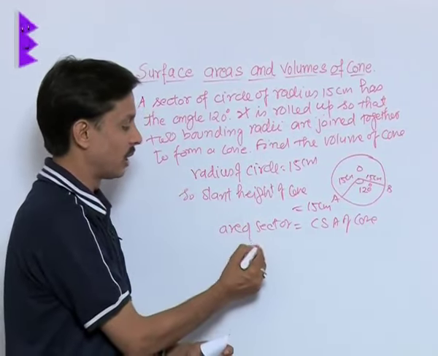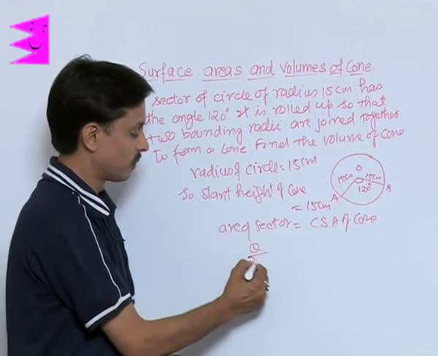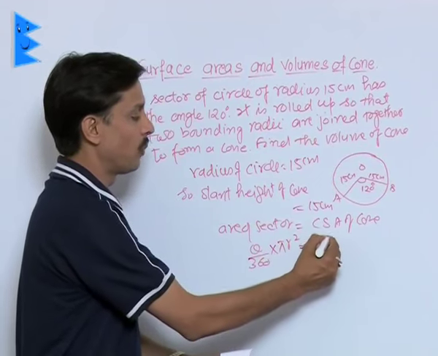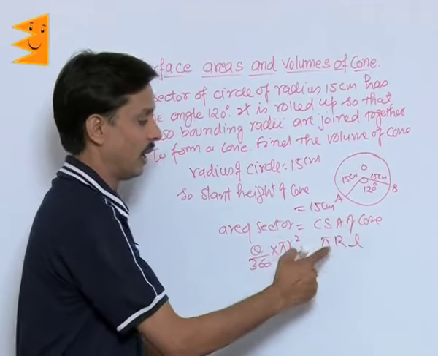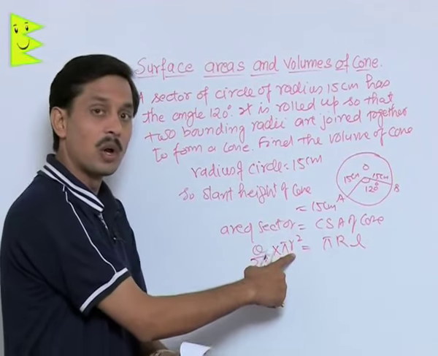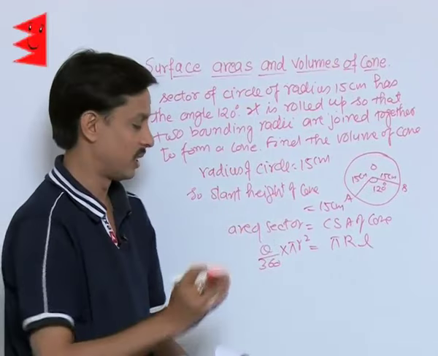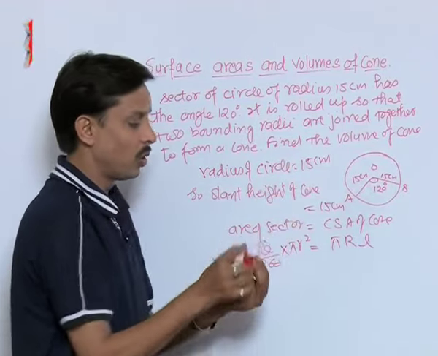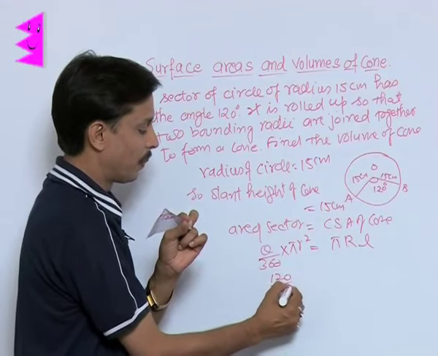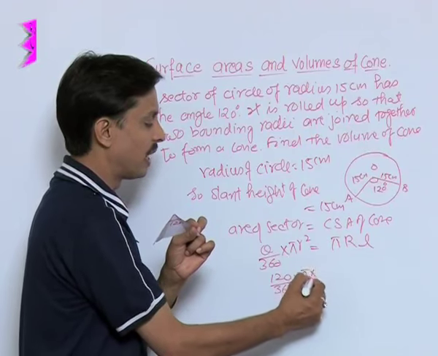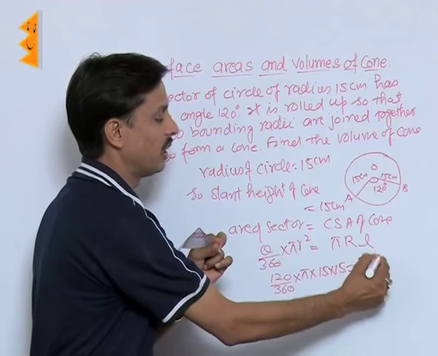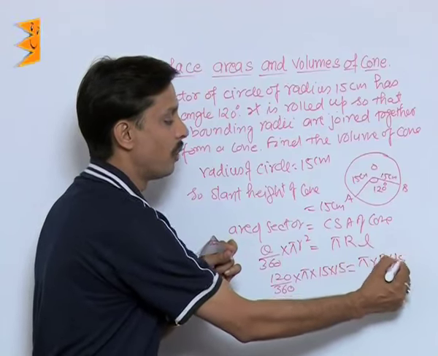So area of sector is theta upon 360 into pi r square. CSA of cone is pi r l. I am writing capital R to indicate the radius of the cone, small r to indicate the radius of the sector. Theta is how much? 120 degree. So this becomes 120 upon 360 into pi into 15 into 15 is equal to pi into capital R into 15.